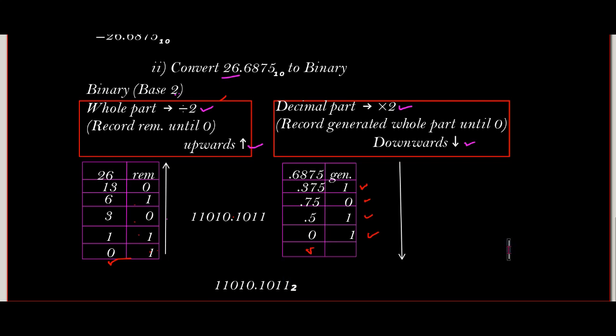So base 2 is a subscript. If you want to convert any number system to binary, then it has to be in its total value first. If the base is 2, the whole part you divide by 2, and the decimal part you multiply by 2, in that order. Then the whole part you record upwards, the decimal part you record downwards. Completely two different steps.